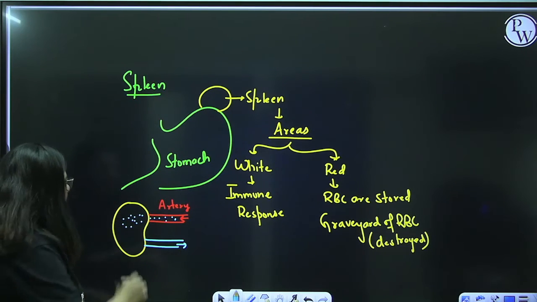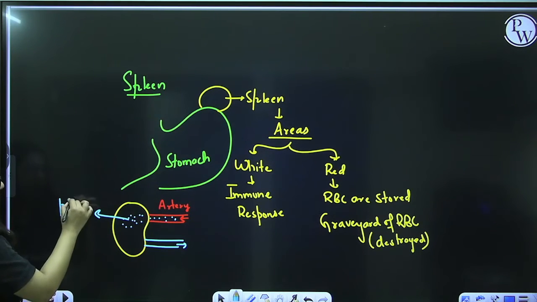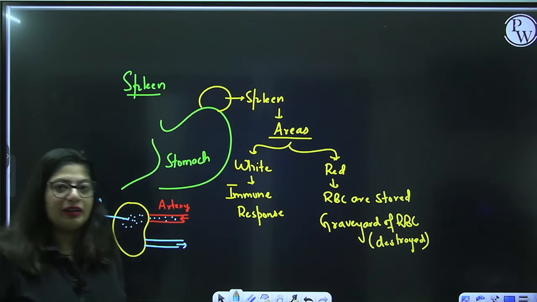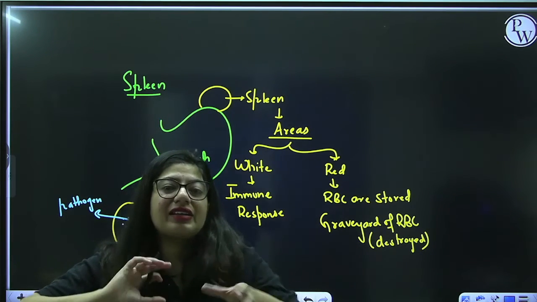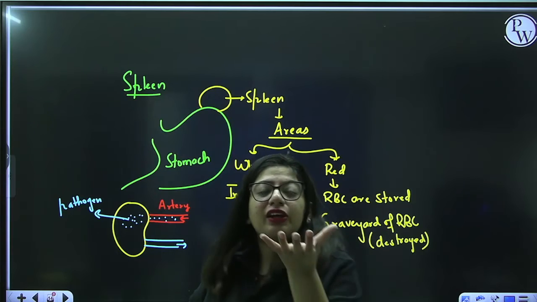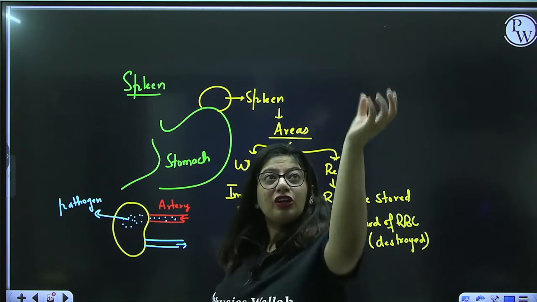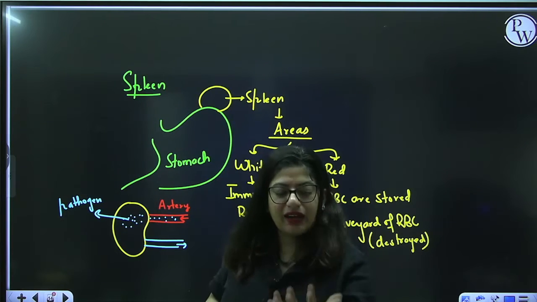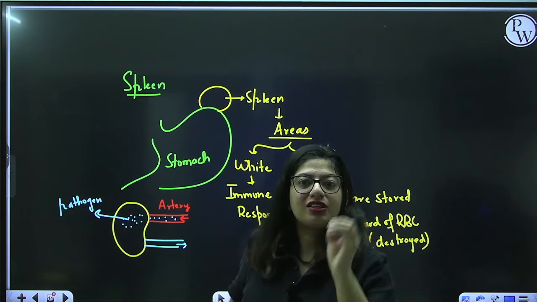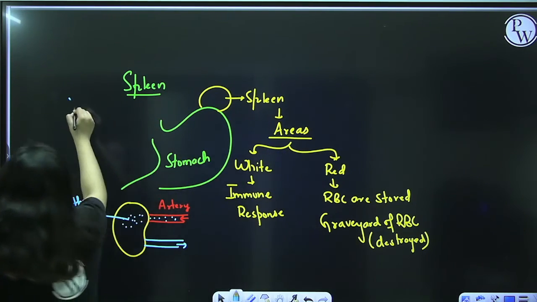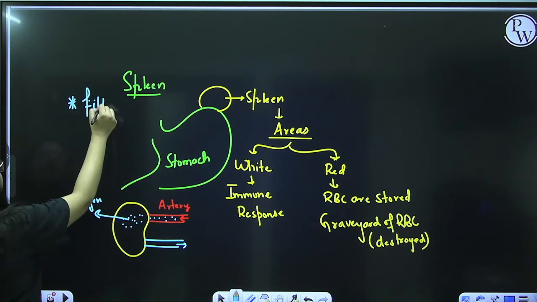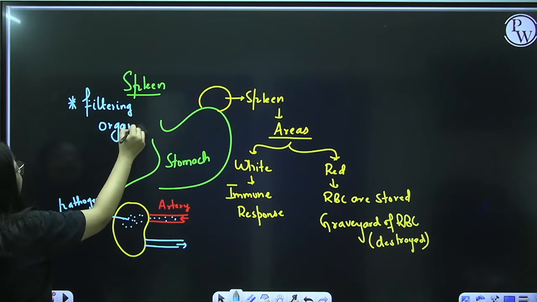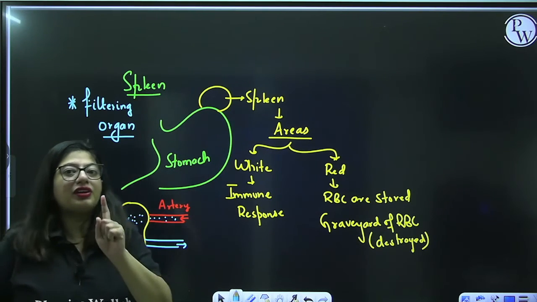Immune cells will take away the pathogens, and whatever blood is moving does not contain any pathogen. So we say it's acting as a filtering organ, just like you filter tea. You put the tea, all the tea leaves stay in the sieve and clear tea is in the glass. So we say spleen is a kind of filtering organ. Just like this, lymph node also acts as a filtering organ.